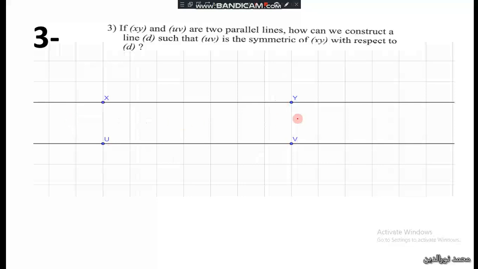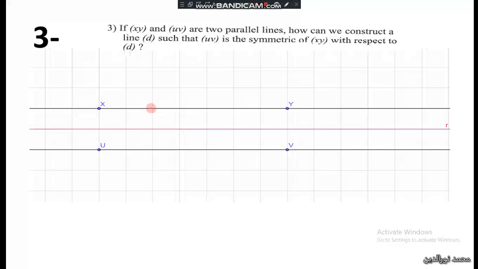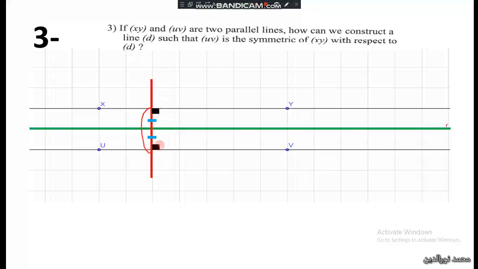So the line should be here somewhere in the middle between them. We could draw it this way, and the method is to draw a perpendicular for the first line, which is perpendicular to the other one, and then we draw the perpendicular bisector of this segment.